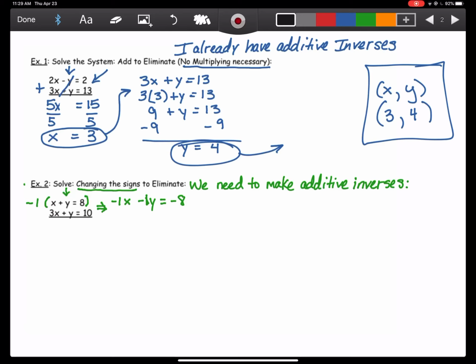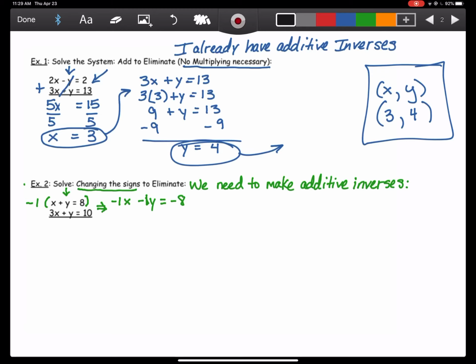Remember, if you multiply the whole side, meaning the whole left side and the whole right side of an equation, you haven't changed the value of the equation. You've only changed the look of the equation. Okay? All right. So, let's keep going.